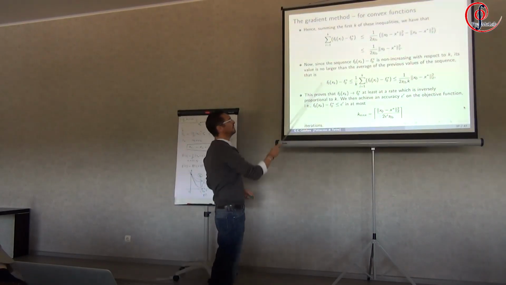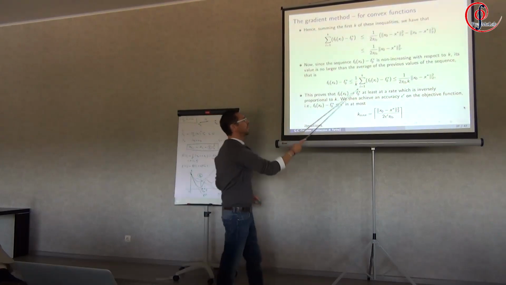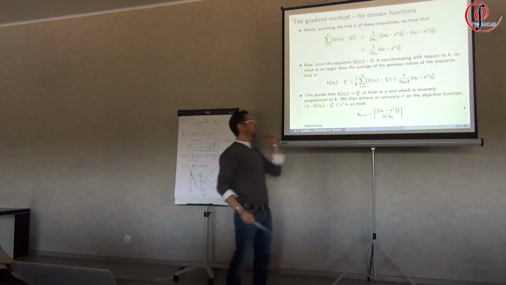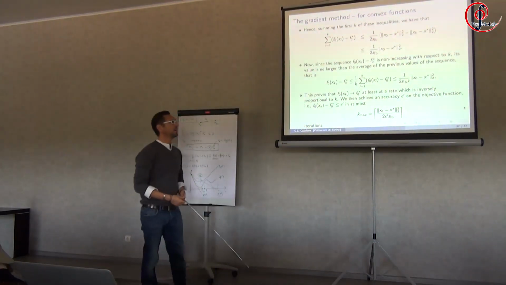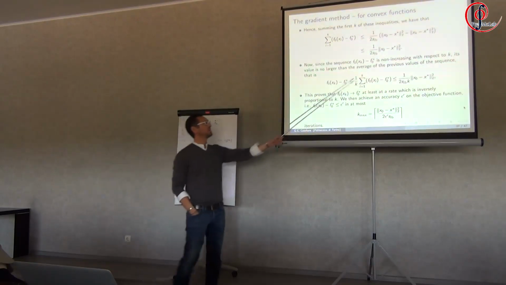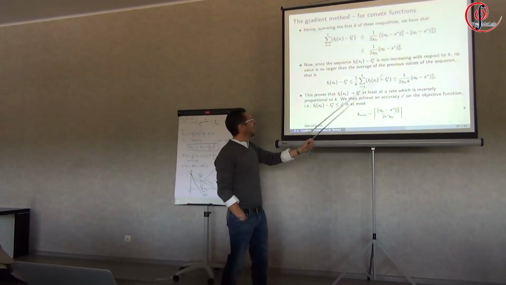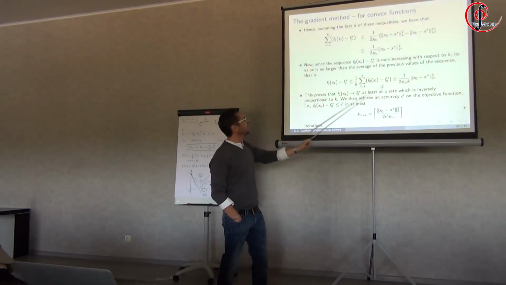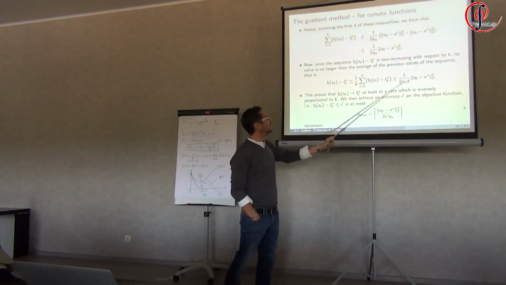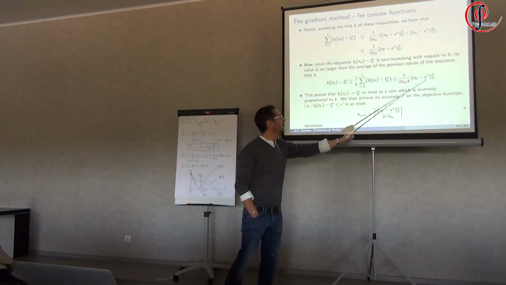So this value is no larger than 1 over k times the summation of the previous ones, including myself, k. And this summation, we take it from here, is bounded by 1 over the step size lower bound, k, and this thing here.